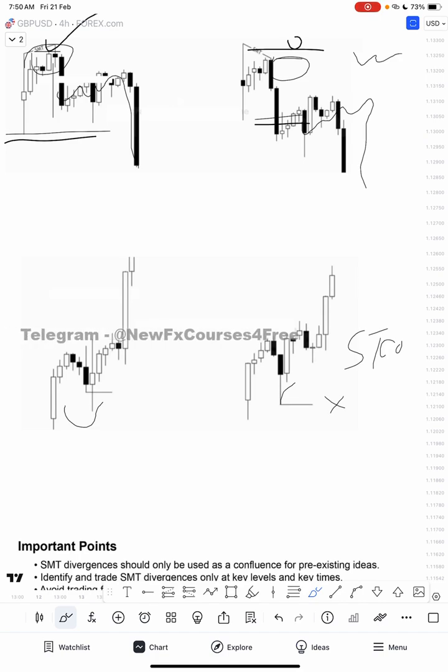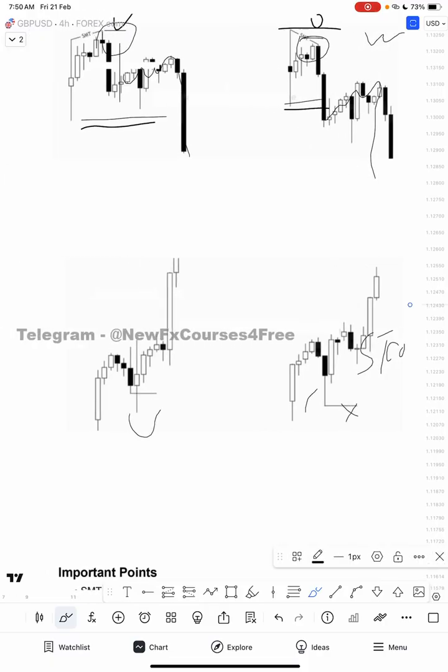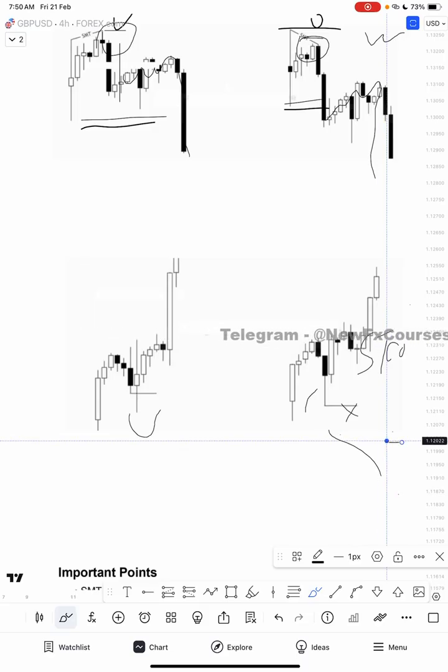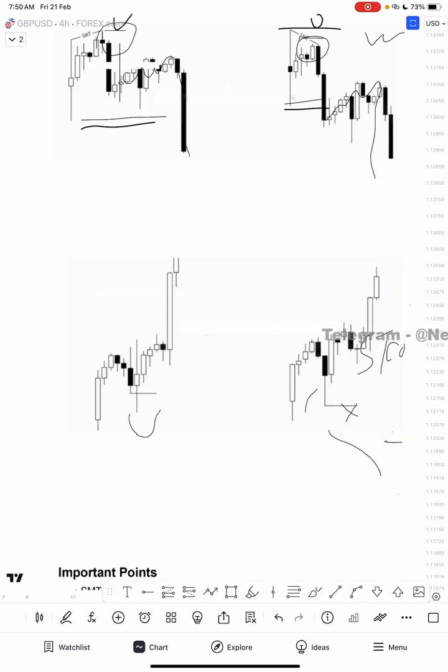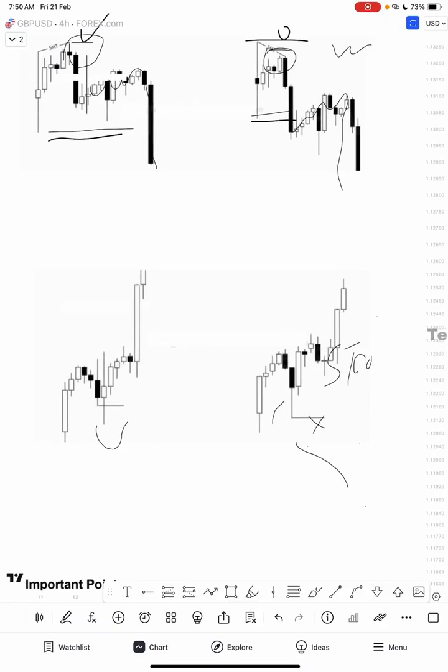So you might actually trade this here. Remember, you focus on the stronger assets when bullish, and you focus on the weaker assets when bearish. So here, let me show you something real quick. Here, you got your SMT divergence already.